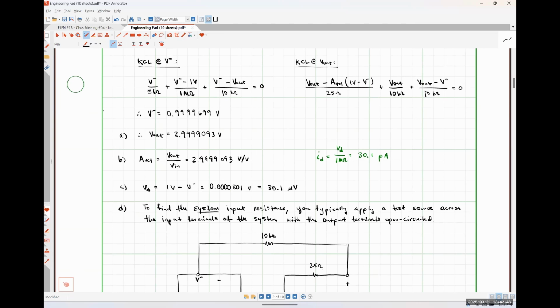We got, for all intents and purposes, the exact same results that we got using the ideal op amp model. So essentially, any time that we have a negative feedback op amp circuit specifically, we can just use the ideal op amp model and we will introduce an incredibly small amount of error.